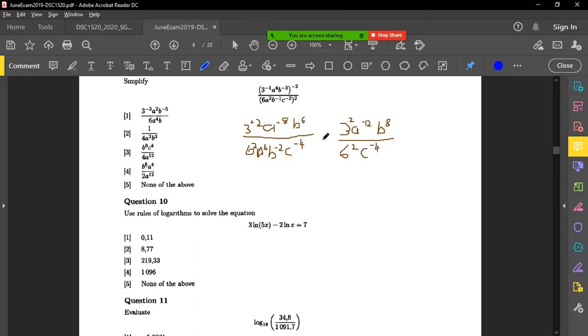That step's good. Next step, I can probably multiply this now. This will become 9. 6 times 6 is 36. A minus 12, B 8.